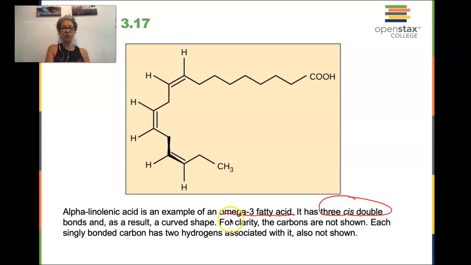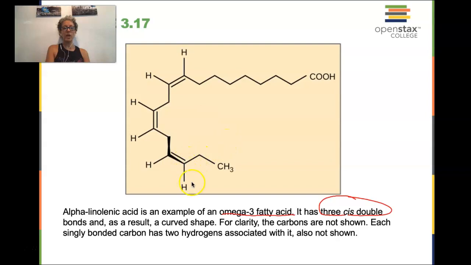You've probably also heard of omega-3 fatty acids. This is alpha-linolenic acid, and I'm not going to make you draw or identify that it is alpha-linolenic acid, but it's an omega-3 fatty acid because of 3 cis double bonds. So we have a double bond here, hydrogens on the same side. A double bond here, hydrogens on the same side, and here.